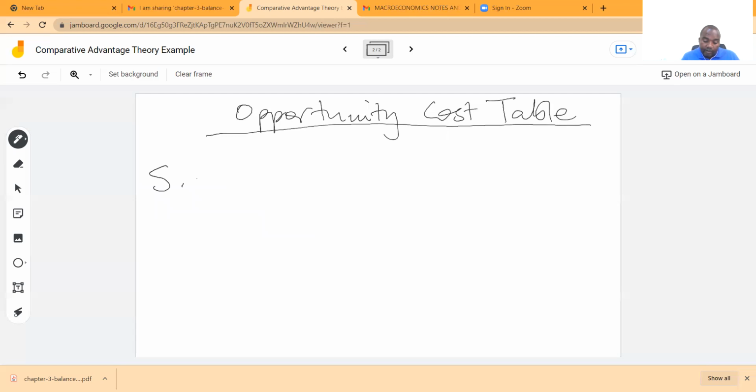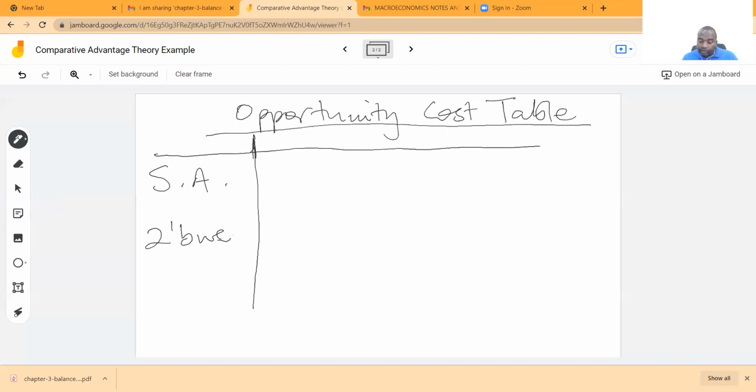We still have our South Africa and our Zimbabwe. And because this is an opportunity cost table, the headings at the top there, they change a bit.